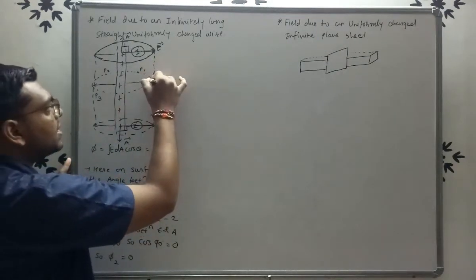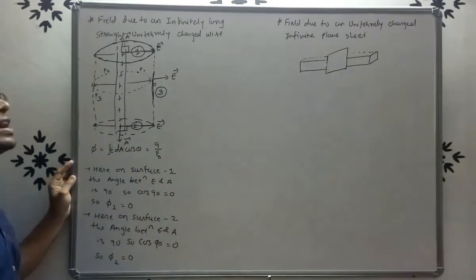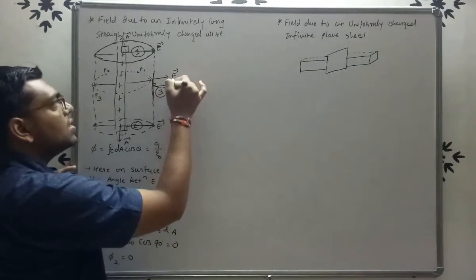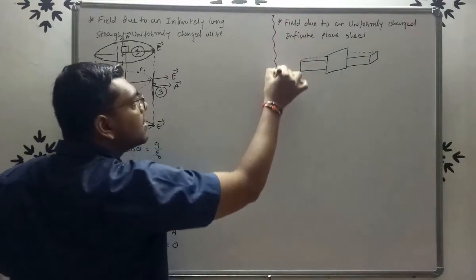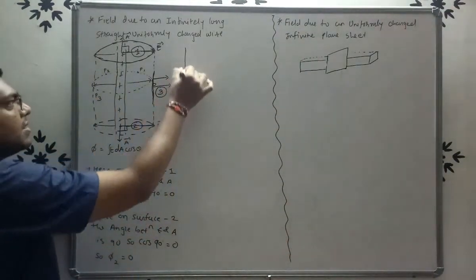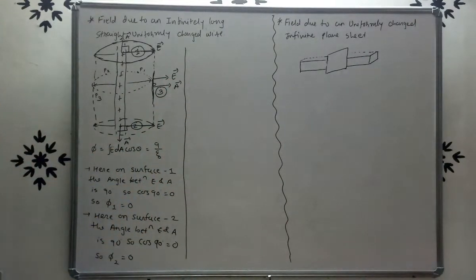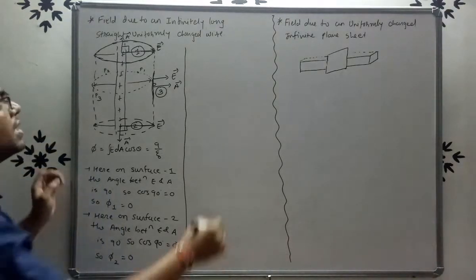So on this surface the electric field is in outward direction, and the area vector is also in outward direction like this. So here the direction of E and A are the same, right? So on surface 3 the direction of E and A are the same, so the angle between E and A is 0, right?